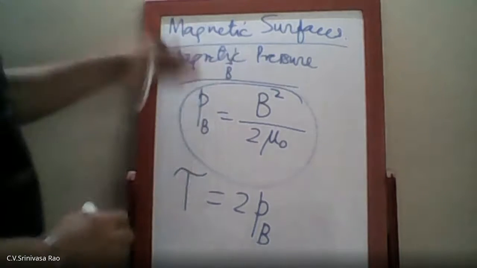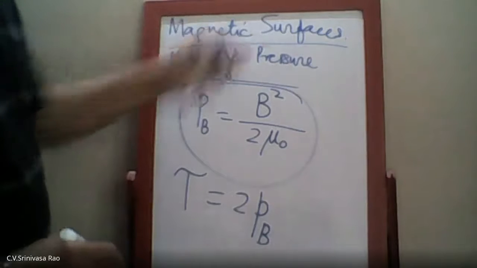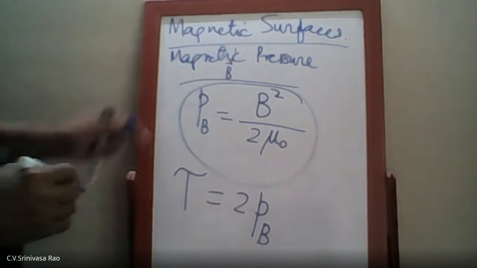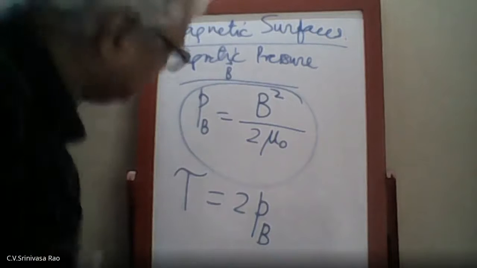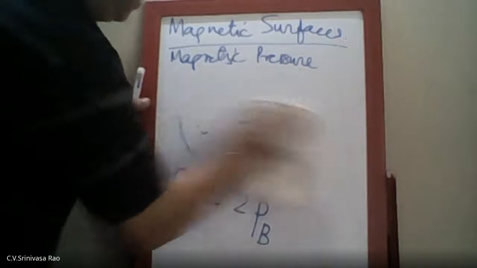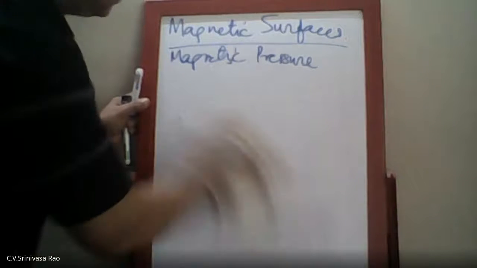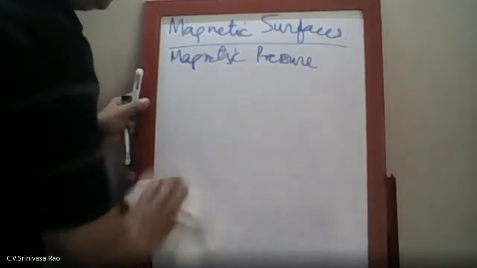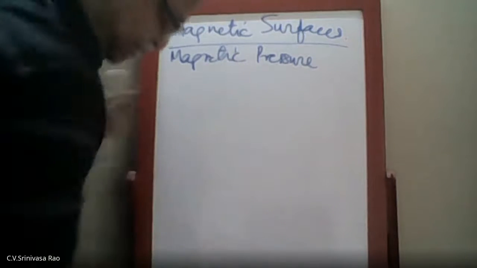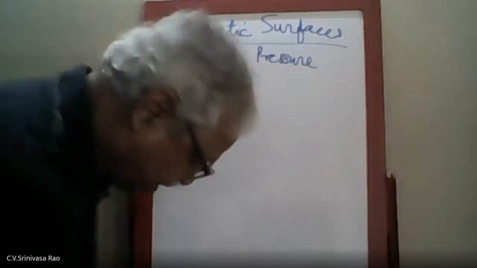So two important concepts: magnetic surfaces, magnetic pressure. Now, as I told you, it is something like a tight string. If you perturb one end of the string, there will be perturbations traveling along the length of the string. That is something called the Alfven waves.